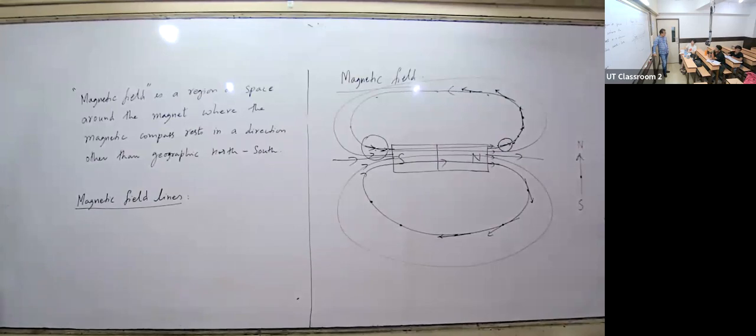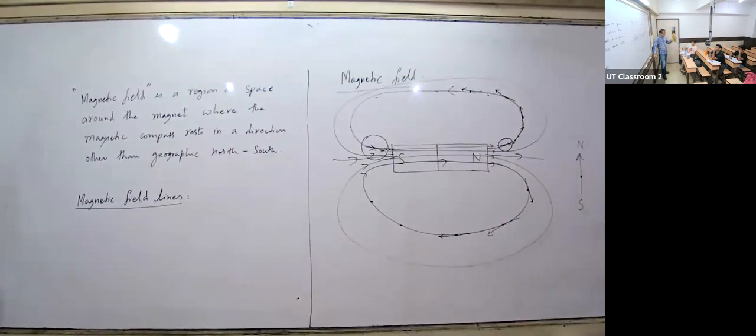Because Earth itself is a magnet. Earth is a giant magnet, but its magnetic field is very weak. So when there is no magnet near the magnetic compass, because Earth is a magnet, right? We will learn Earth's magnetism separately.